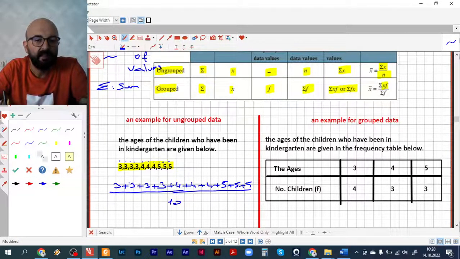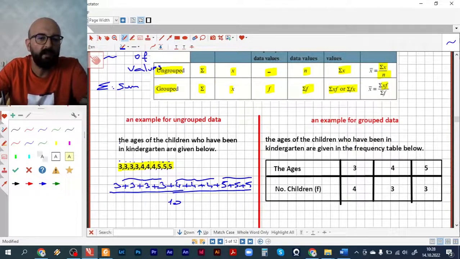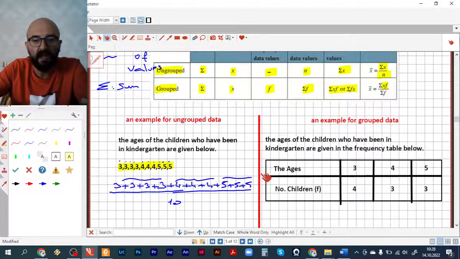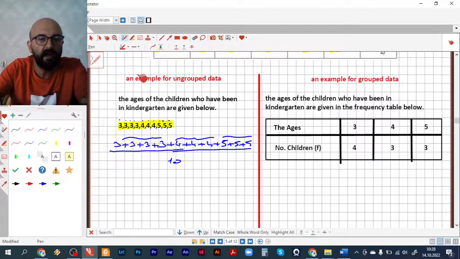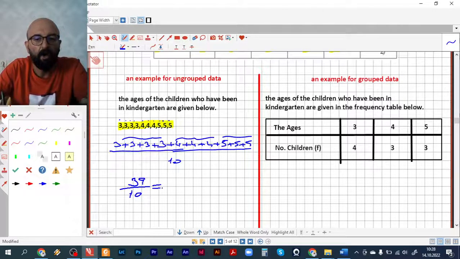Then we have 12 and 12 and 15, so 39 divided by 10. Our mean equals 3.9.